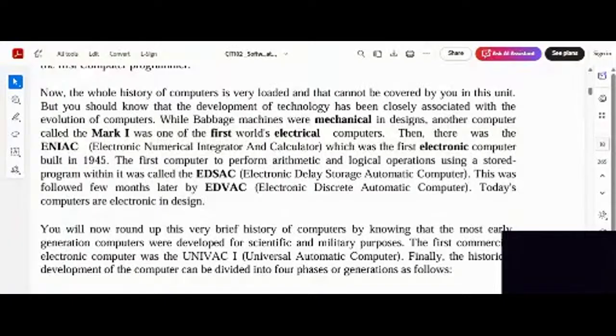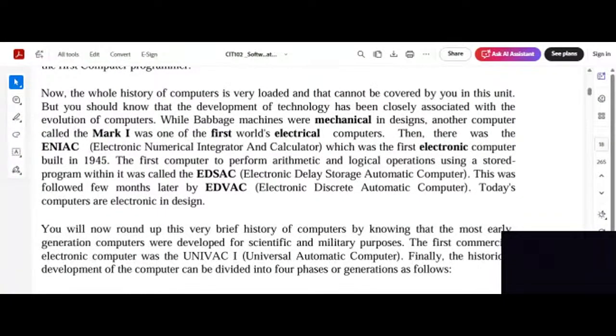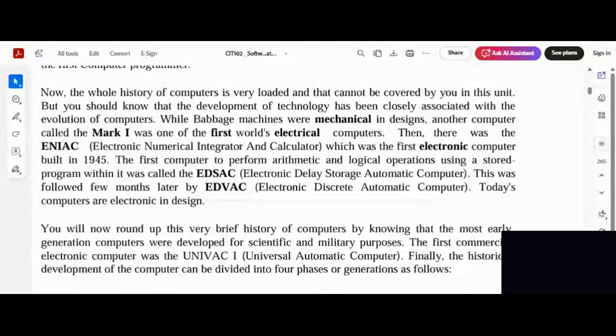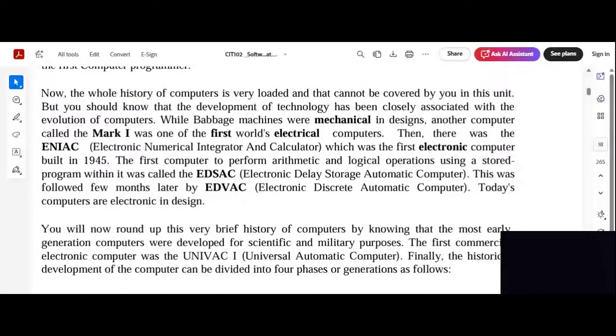And then we have this common one too, which we call EDVAC. EDVAC is Electronic Discrete Automatic Computer. It was after the development of EDSAC that they came with the EDVAC.